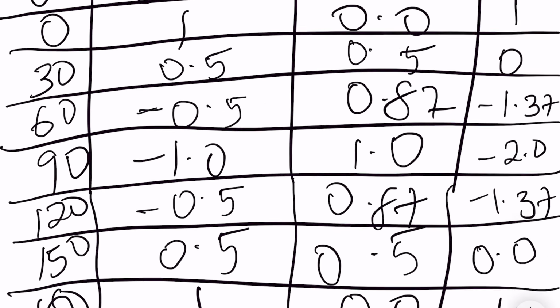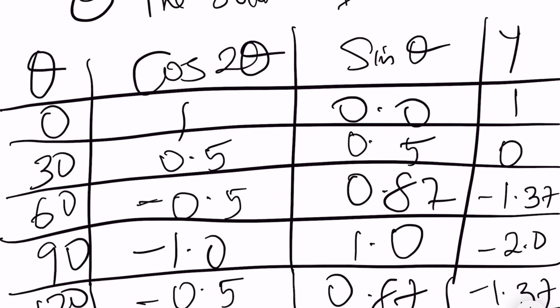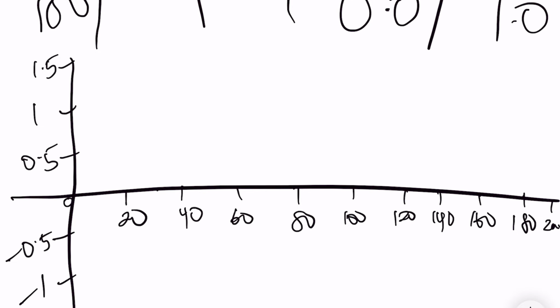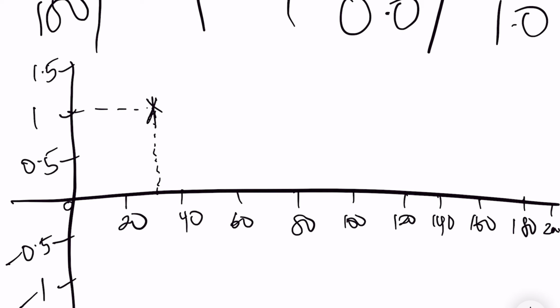At 0, we have our y to be 1. And at 30, we have it to be 0.